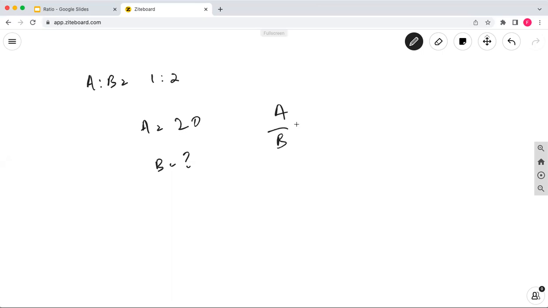Yeah, we have A ratio B is equal to 1:2, and we know the exact value of A, which is 20. So B will become 40, right? Okay, so one more thing. If we know the exact value, we can find the ratio, but just by knowing the ratio, we cannot find the exact value, right? Okay, so there is another common concept, which is about the proportion.